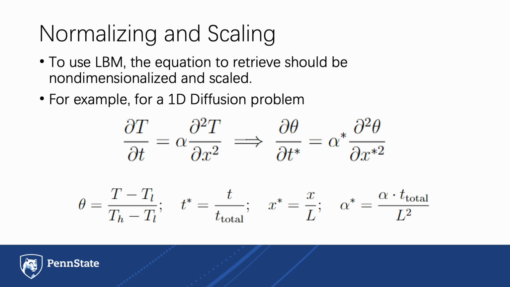An important step for using the lattice Boltzmann method is to non-dimensionalize and scale the PDE that describes the behavior of your macroscopic system. This is because we need to establish an equivalence between the macroscopic behavior, which is described by the PDE, and the mesoscopic behavior, which is described by lattice Boltzmann.